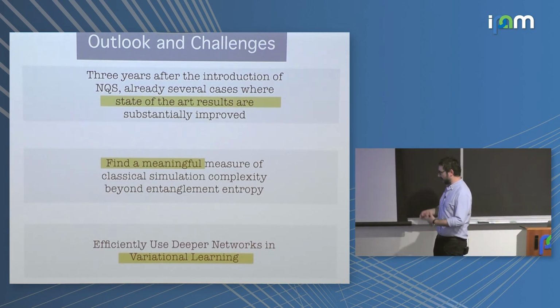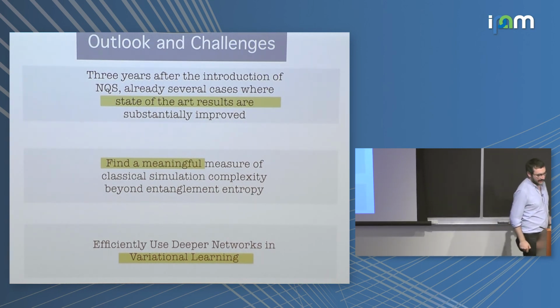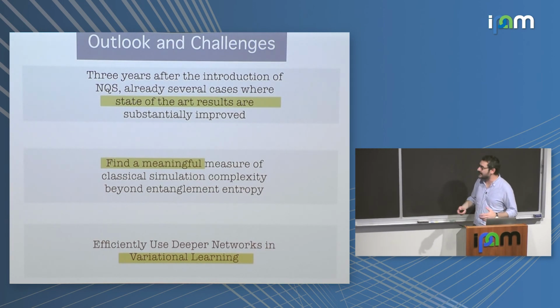Entanglement entropy is not really relevant as a measure of complexity for neural networks, and there should be some other measure, for example related to sampling complexity, that people might find more convenient to describe the complexity in simulating quantum states with this approach.